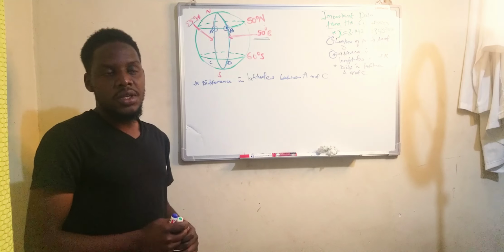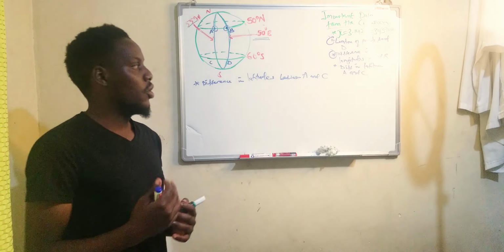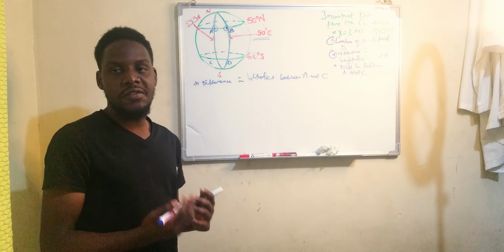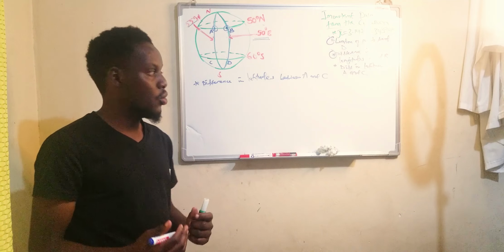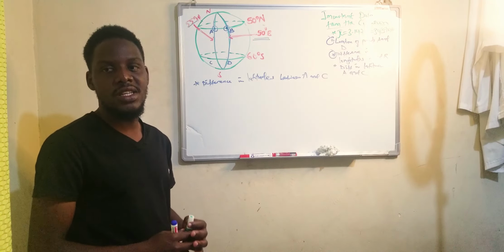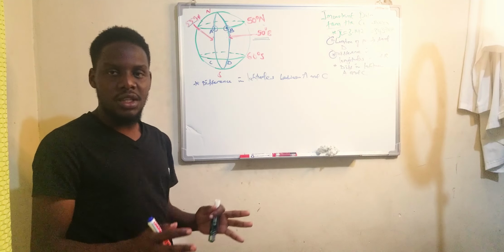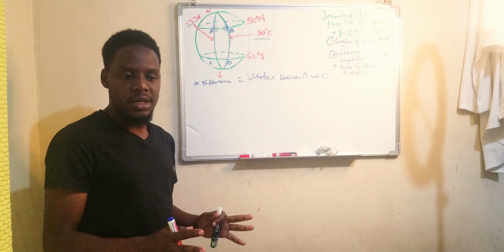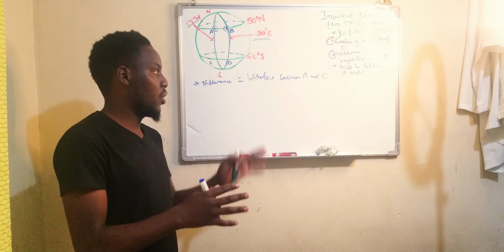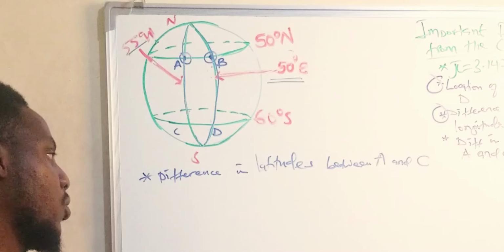Okay guys, now that we have talked about how to find the difference in longitudes, we now see how we can find the difference in latitudes between two points. And here the question says we should find the difference in latitudes between point A and point C. So the first thing you do, get the latitude values of point A and point C, like what we did before.